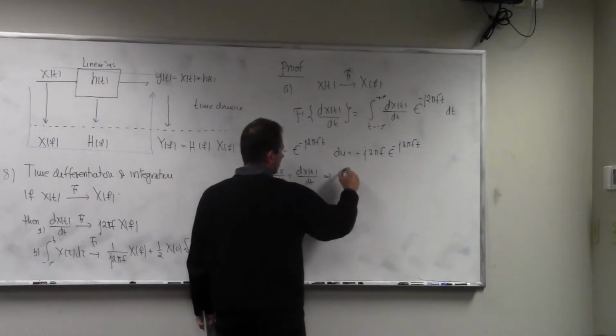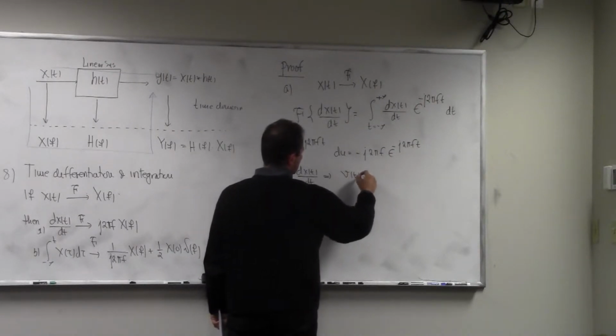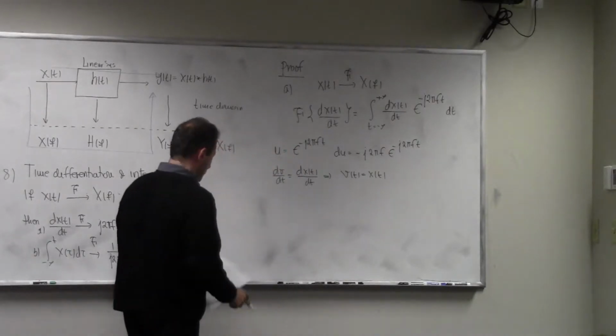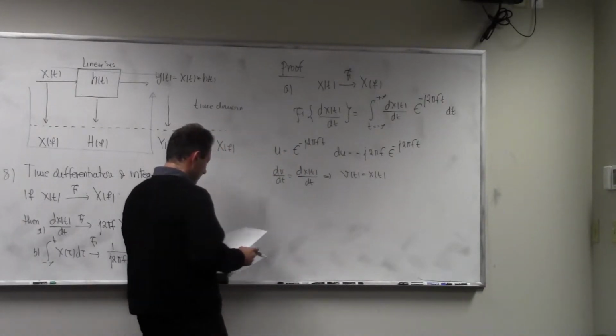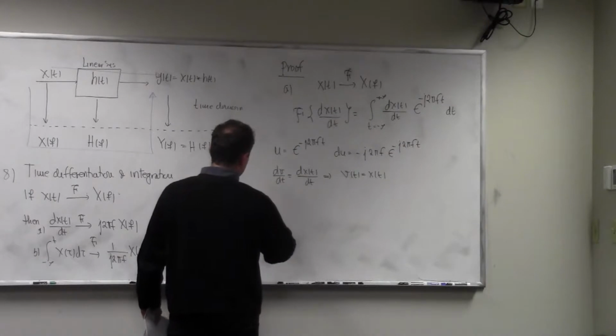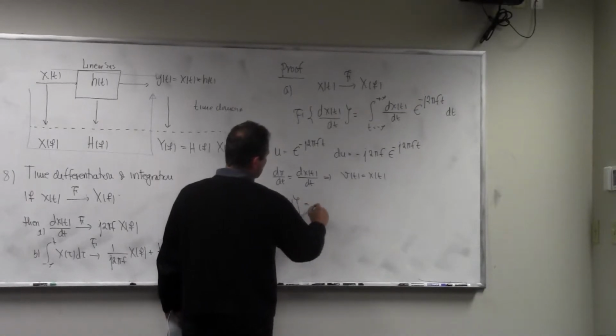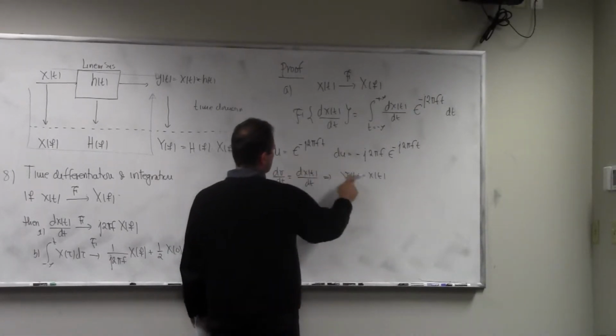Therefore, v of t is equal to x of t. So the Fourier transform of the derivative is equal to u times v, which is this times this.